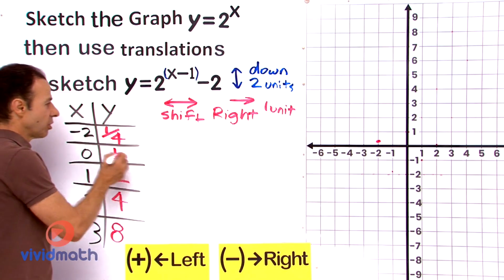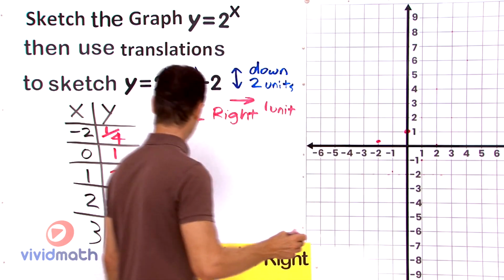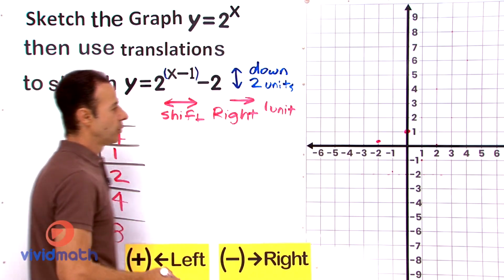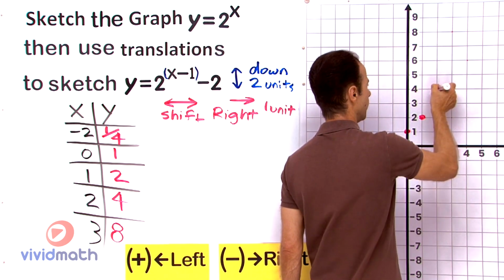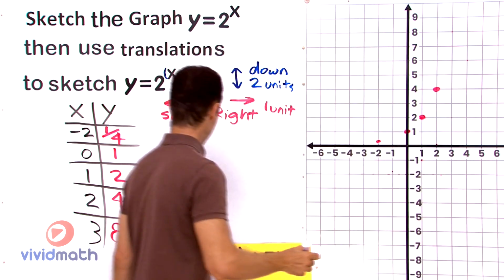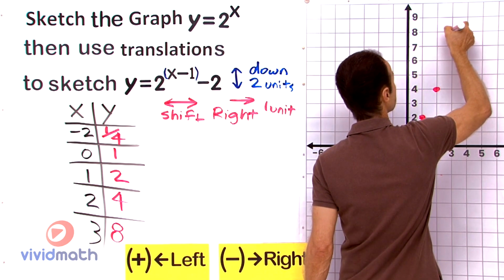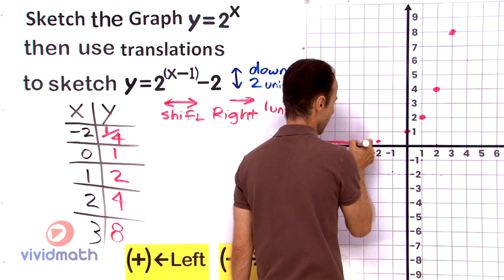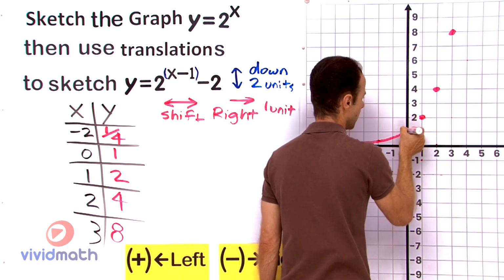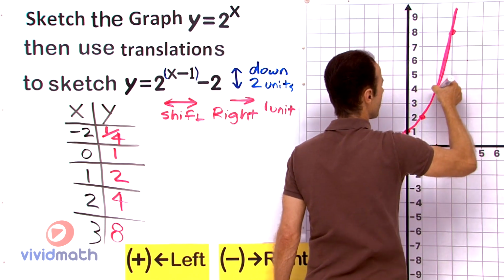We have 0, 1 right there. We have 1, 2, and then 2, 4, and finally we have 3, 8. 3 and up 8, that's right over there. All we have to do is join those dots. It's going up rather rapidly.